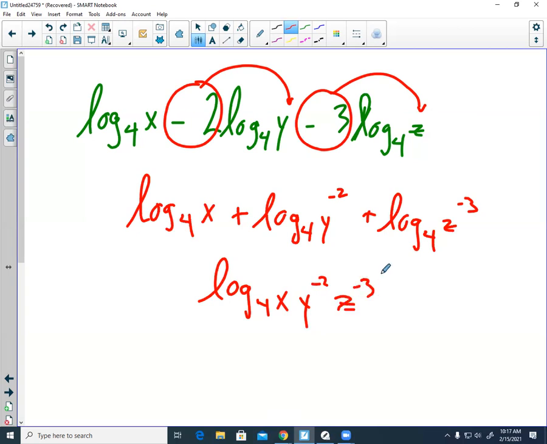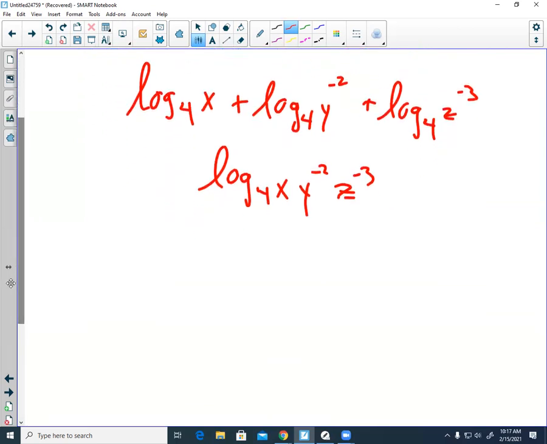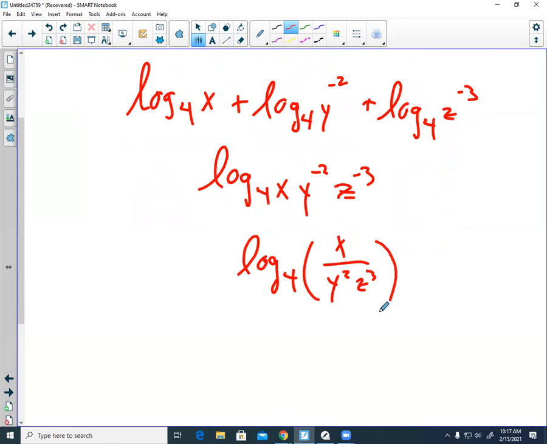And what happens when we have negative exponents? Where do they go? To the bottom, or the opposite of where they currently are, right? So in this one, I have y to the negative 2, z to the negative 3, which means it's going to go to the bottom. So this will turn into log base 4 of x over y squared z to the 3rd. So this one only took one real step to get there. Other ones may take 2 or 3 steps to get there. Some of you might be able to do this without even looking at it. It is what it is. You choose what makes sense to you.